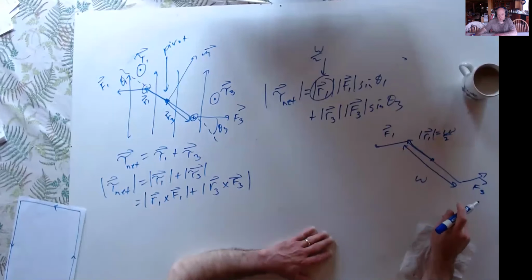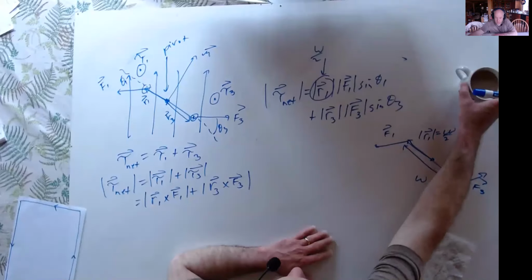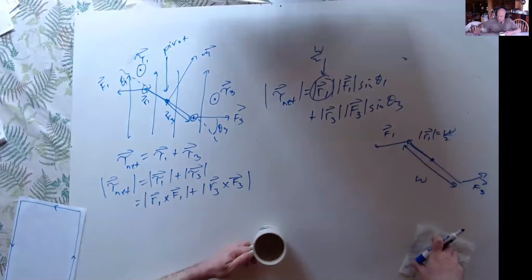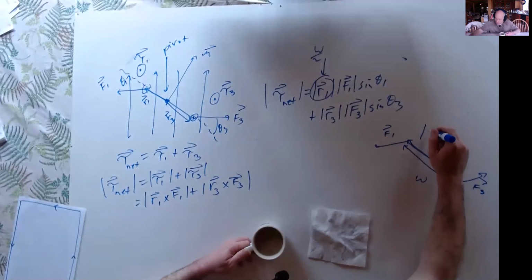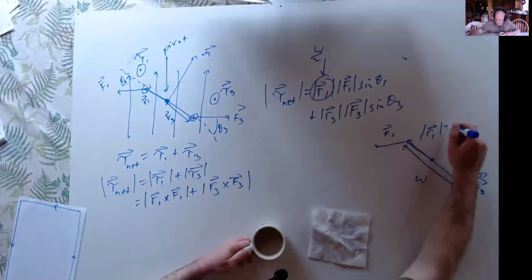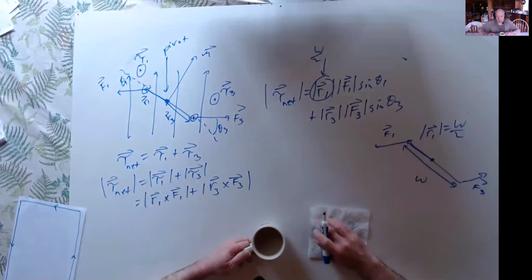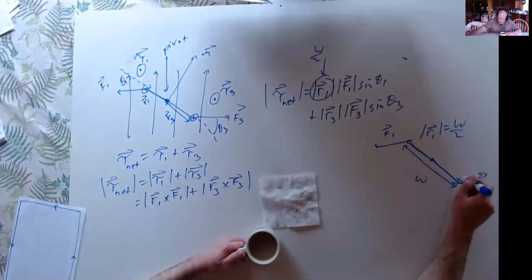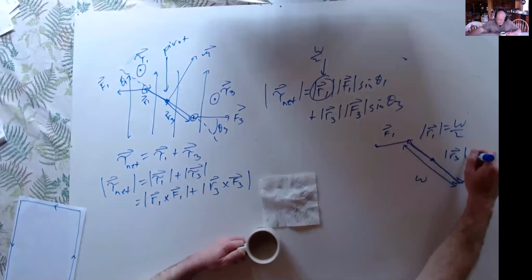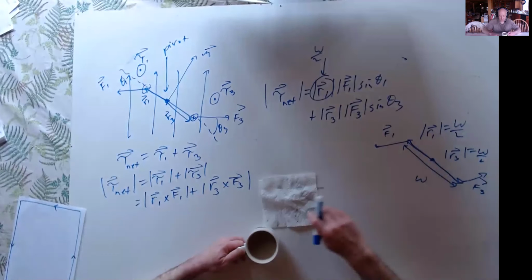Okay? That's really kind of hard to read on my screen, at least. Let me redo that. That looks relatively legible. Okay, and then R3 is this guy here. So the magnitude of R3 is W over 2 as well.